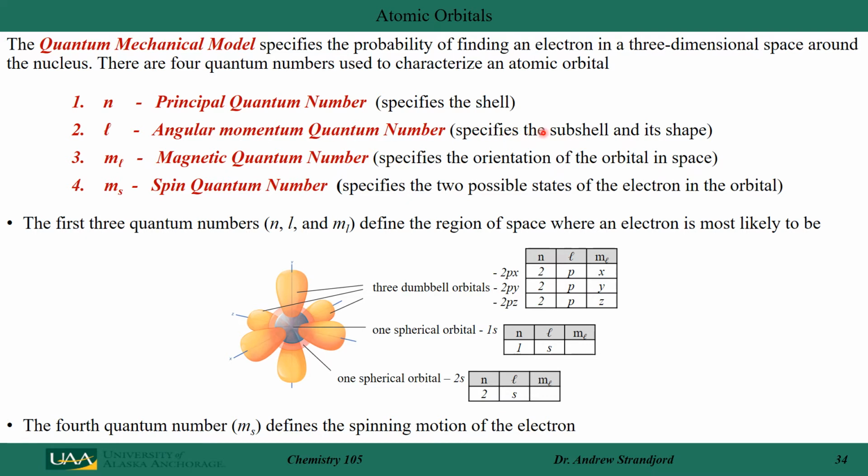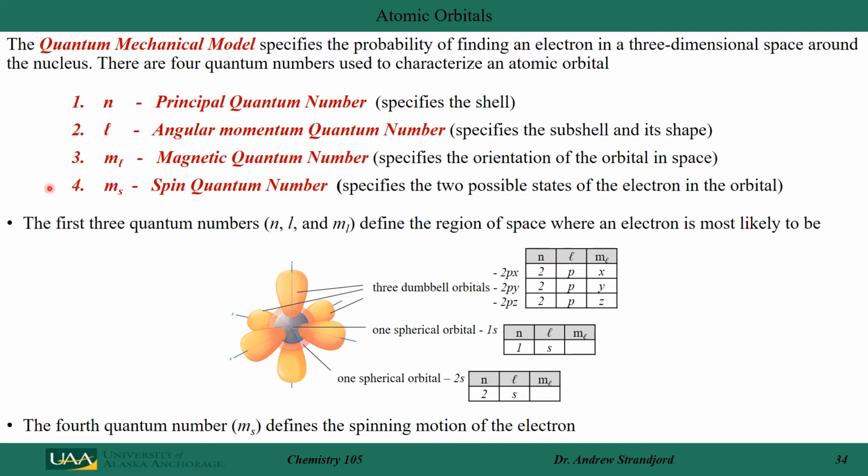That specifies a subshell within that shell, and it's the shape, whether it's a sphere, whether it's a dumbbell, or some other shape. There's also a third quantum number called the magnetic quantum number, defined as m sub L, which specifies the orientation of the orbital in space.